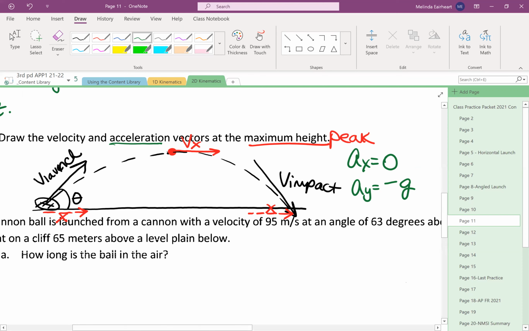They said draw it at the top, so at the top we've got -g. Technically it's already downward, so you just need to put g or a subscript g, either way. But true story, every point along the path would have the same -g. Gravity doesn't change as the football goes through the air. The velocity does, but the acceleration does not. Good deal?